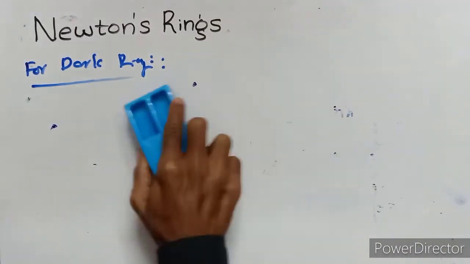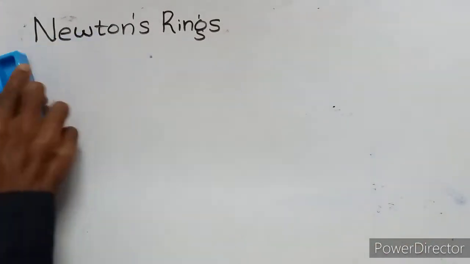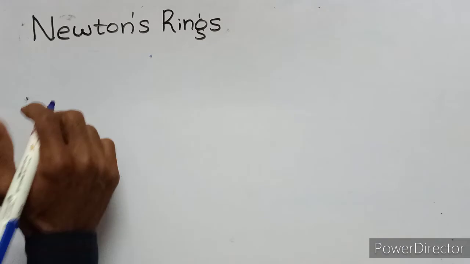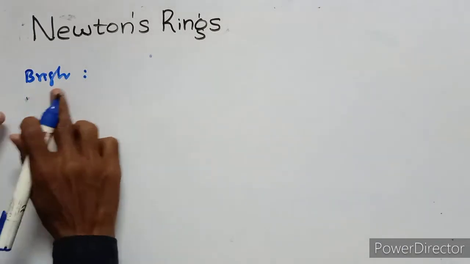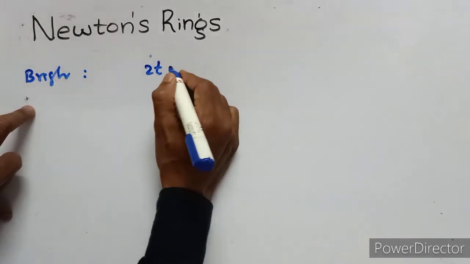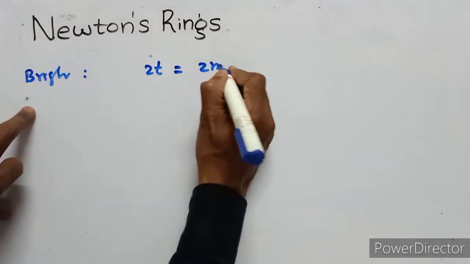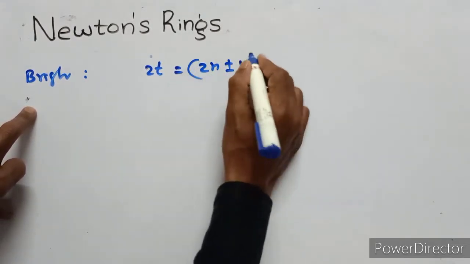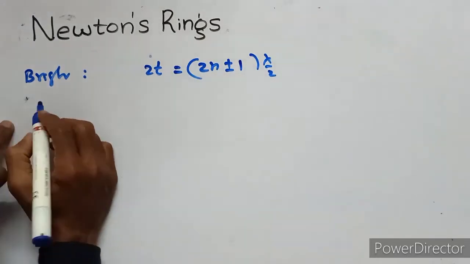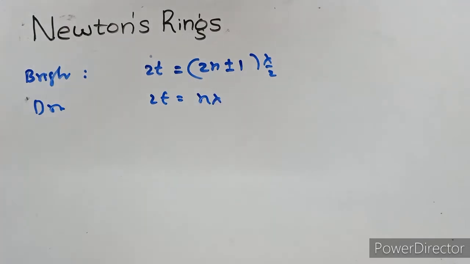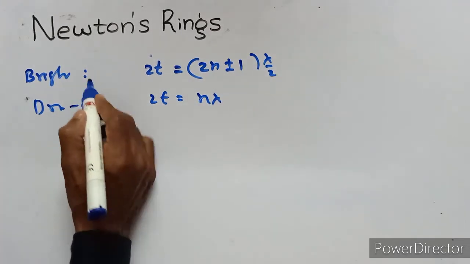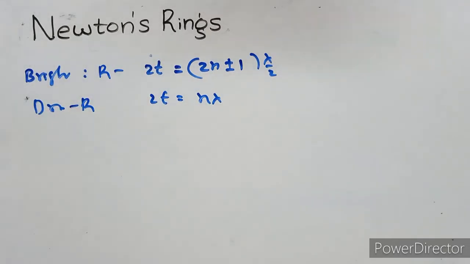We have to clearly observe the conditions. The bright condition for the ring is 2t equals (2n plus 1) lambda upon 2. Dark is 2t equals n lambda. This is the dark ring, this is the bright ring.